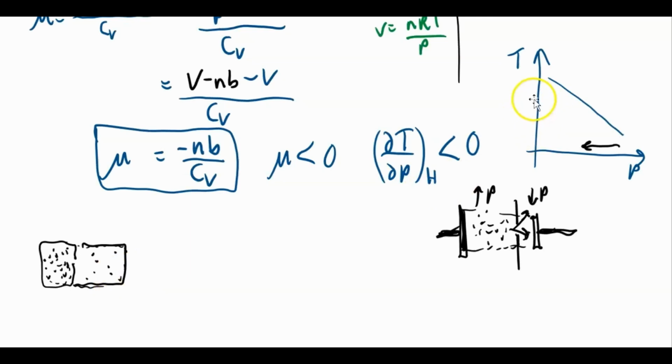Well, how can that happen? Why is the temperature increasing when they're expanding? Usually when the pressure decreases, we expect the temperature to decrease as well. That's if we think of PV equals nRT. But in this case, the temperature is increasing.